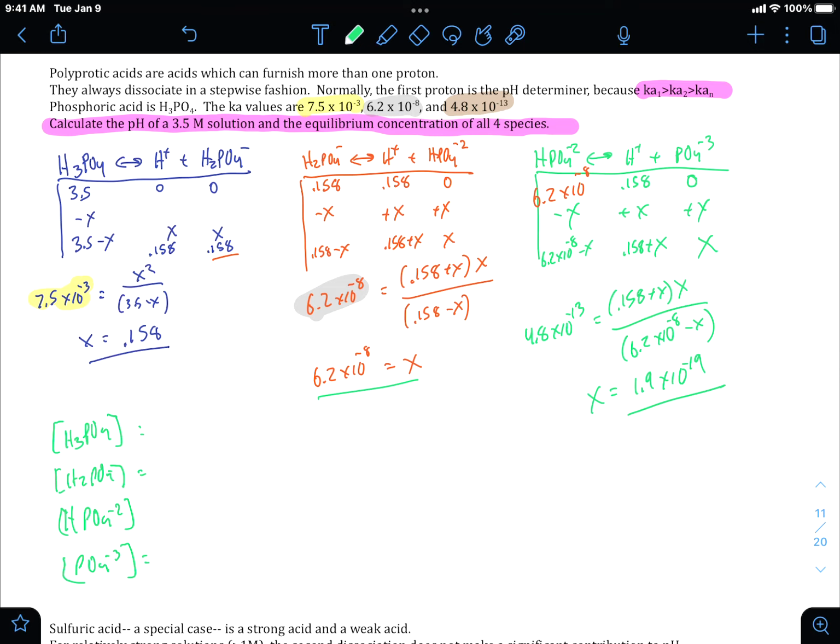And they also want the pH. All right, so HPO4. So 3.5 minus 0.158, I'm just going to call that 3.34 molar. All right, that's from here. H2PO4 is here.